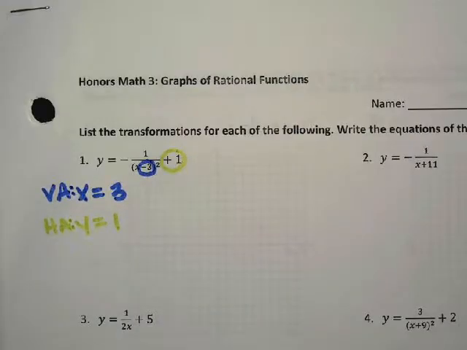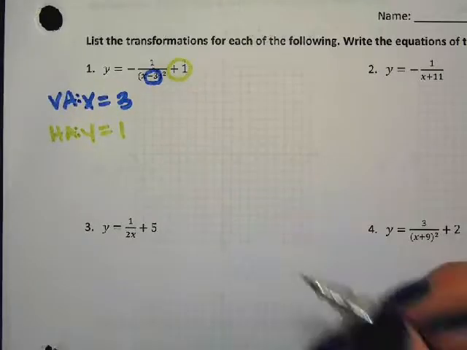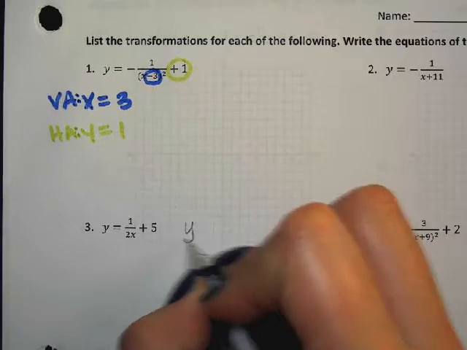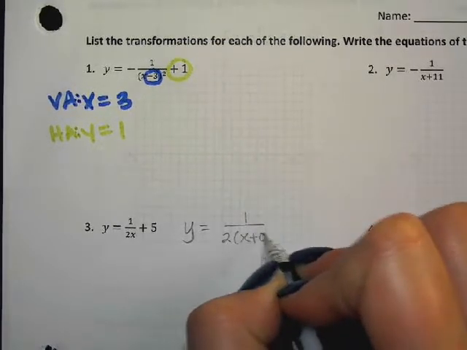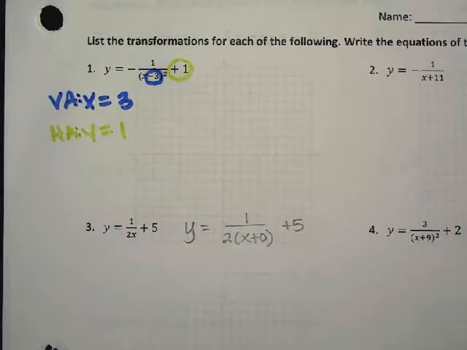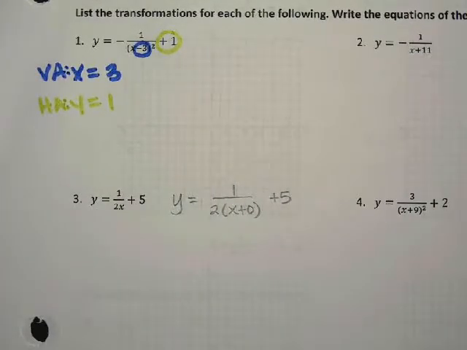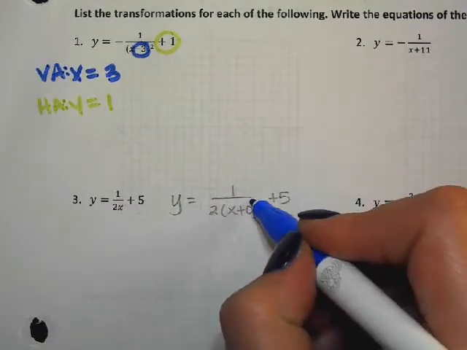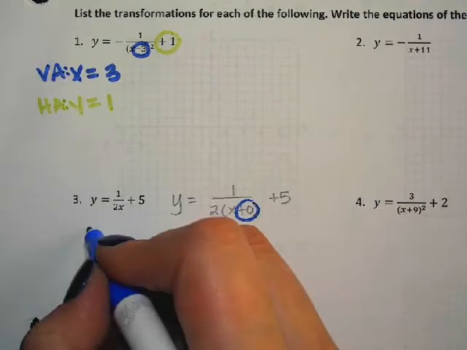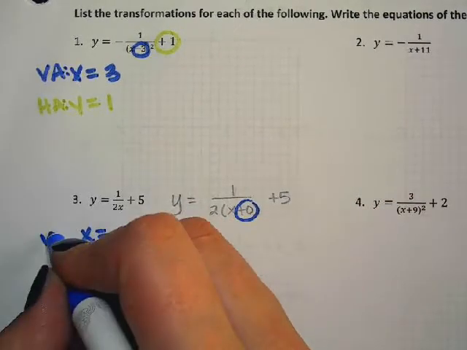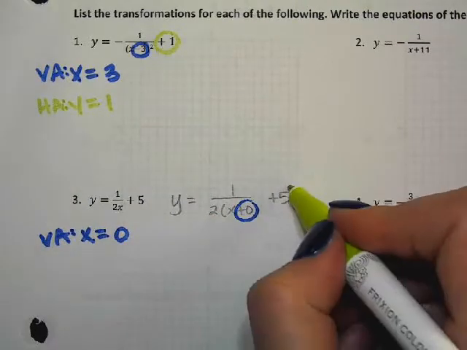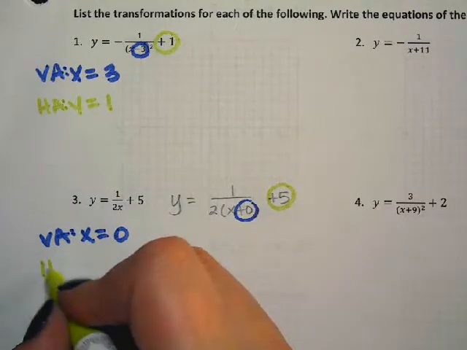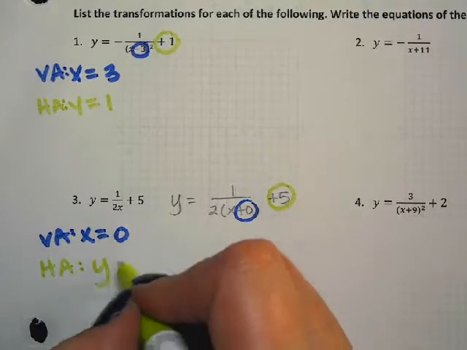I want to direct your attention to number 3, because number 3 is kind of funky. We're going to rewrite number 3. We're going to say 1 over 2 times x plus 0 plus 5. So what is the vertical asymptote? 0. And what is the horizontal asymptote? Okay.